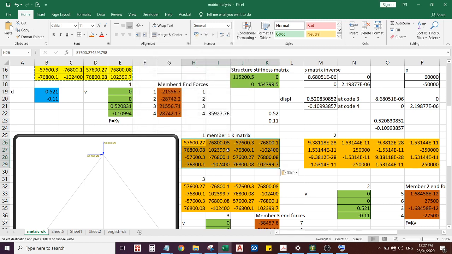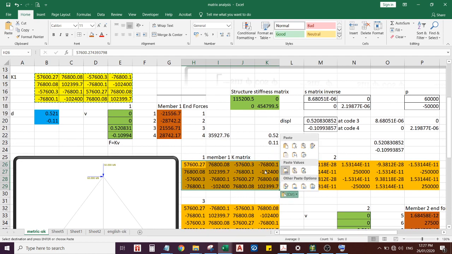Okay, so this is now my stiffness matrix for member 1.